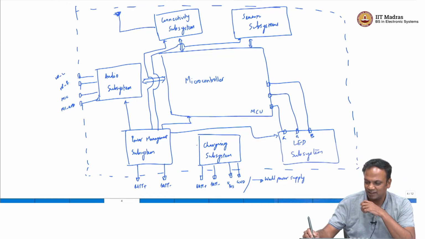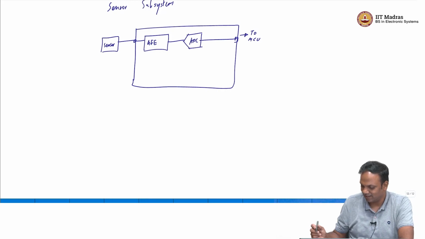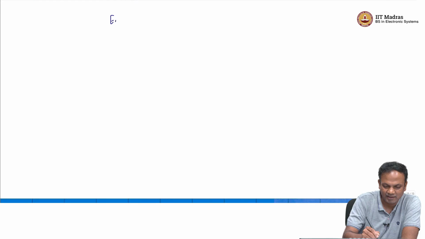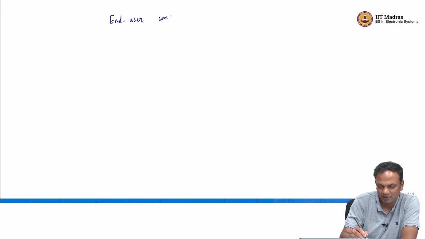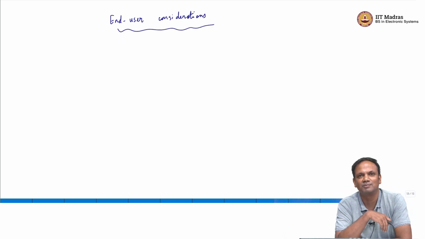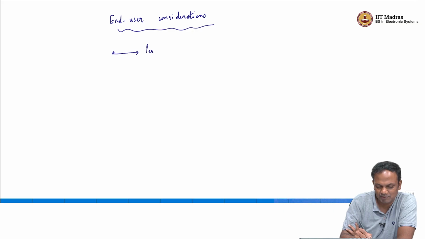So, let us try to list the end user considerations. What all does the end user care about? You put yourself in the shoes of a customer and say, when I buy a product, what all do I care about? What I care about is performance.